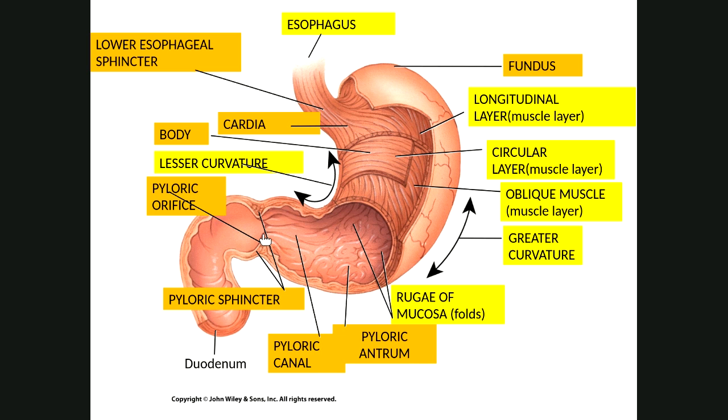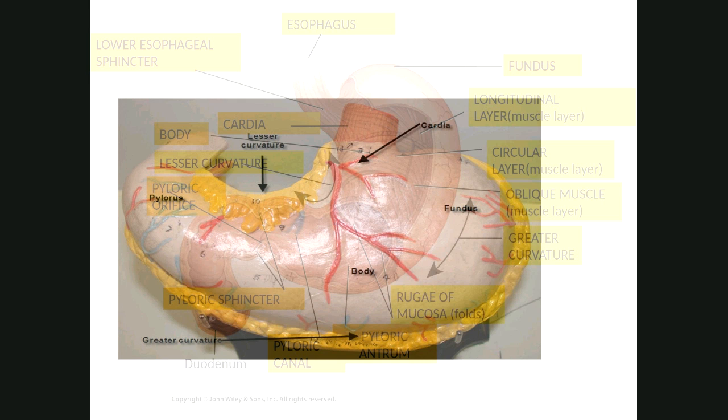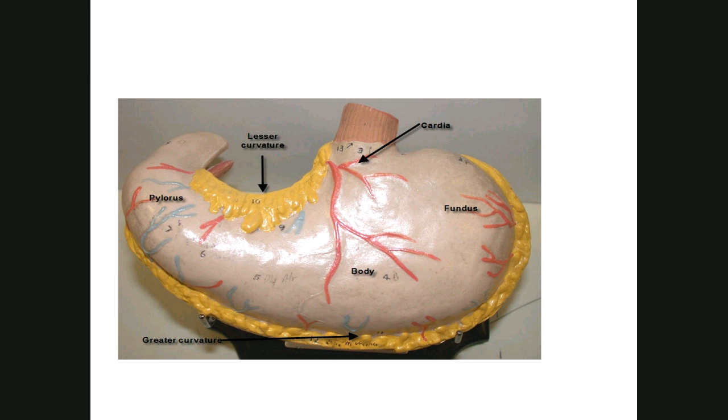So this is where the pyloric sphincter is, the pyloric antrum, and then the pyloric canal, right? So a lot of things called pyloric, but really it's the bottom part. Here's another picture, the fundus, the body, the pyloric region or pylorus, and then off into the duodenum it goes.